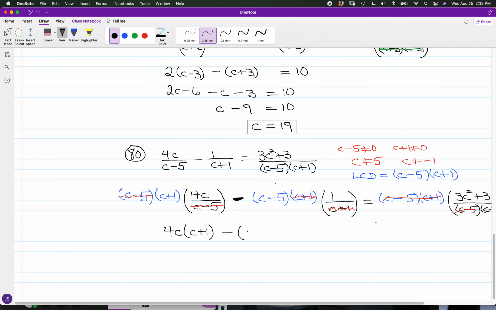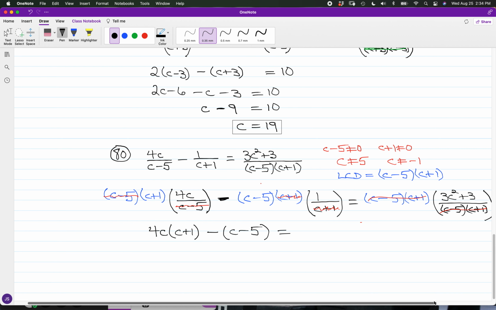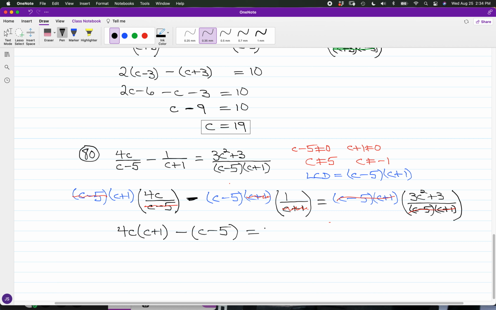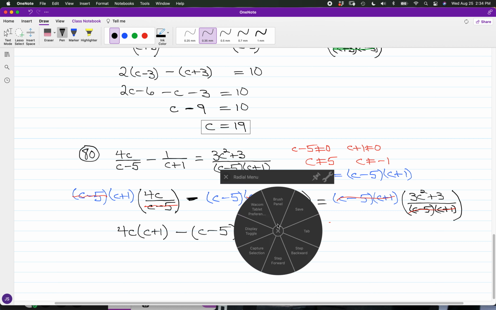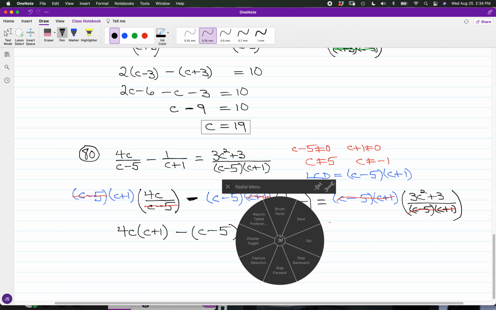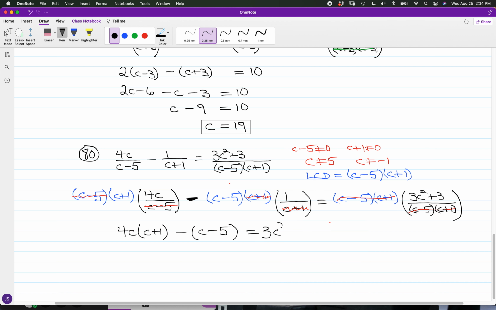So both c and negative 5 are going to be affected by the subtraction in front. And to the right, we have 3c squared plus 3.